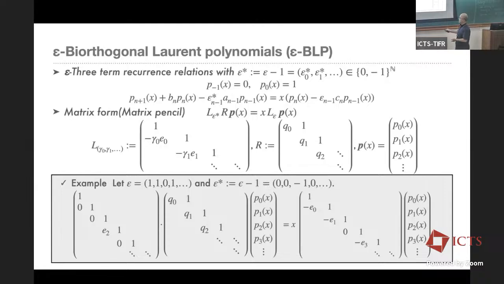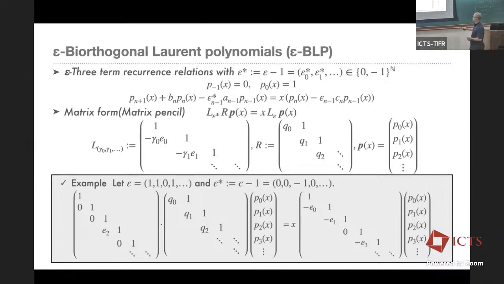If gamma 0 and gamma 1 are all 0, then this is nothing but the identity matrix. And if they are all 1, a lower bidiagonal matrix appears. But we can choose 0 or 1. Then L epsilon is defined like this one, and L epsilon star is the opposite one.